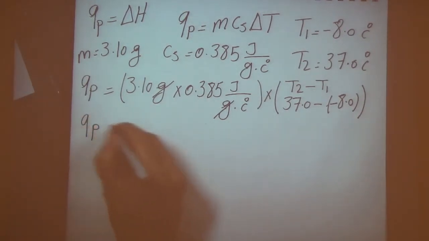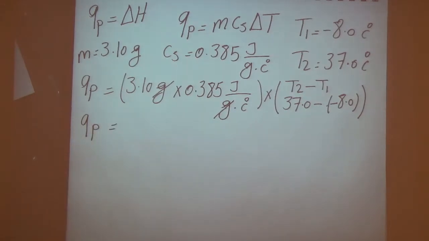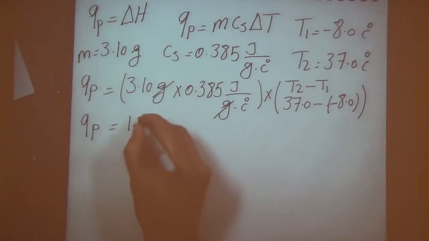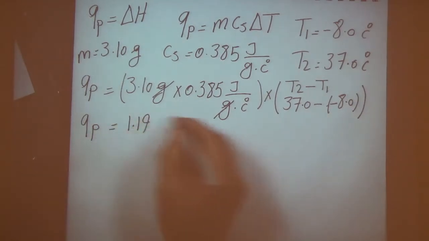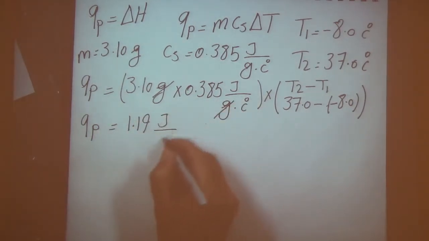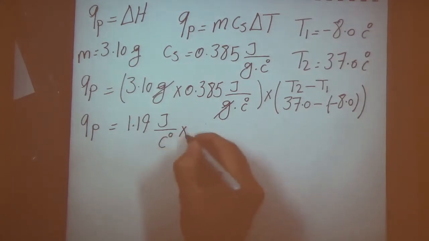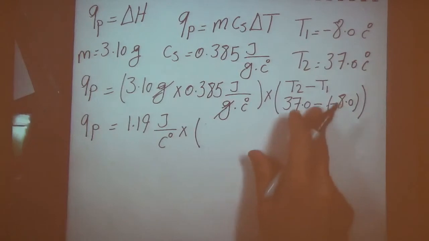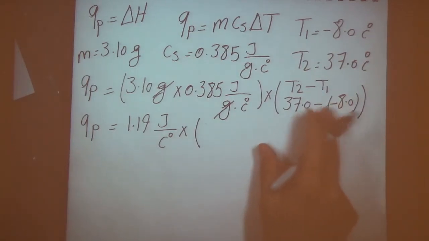QP will be 3.10 multiplied by 0.385. I got 1.19. The unit till now is joule over degree Celsius multiplied by 37 minus -8. It's minus of -8, so it will be plus.